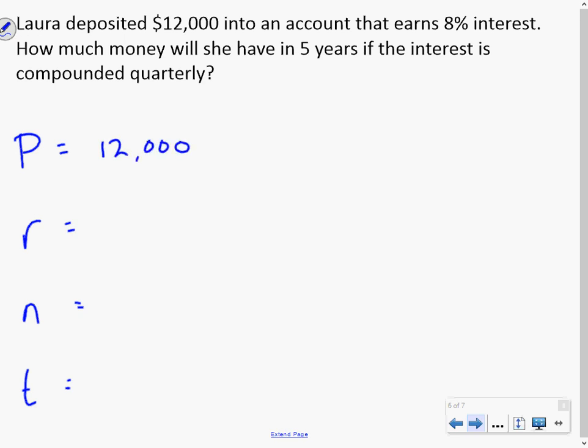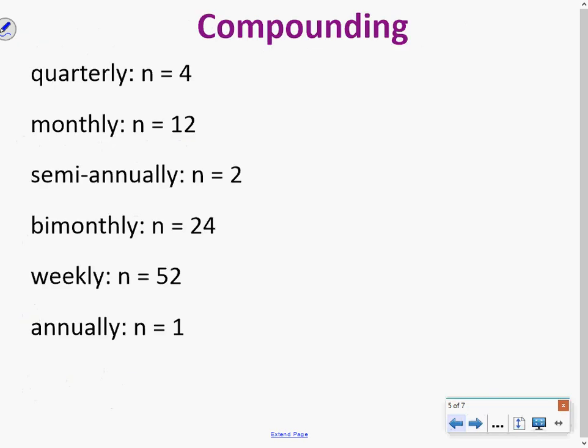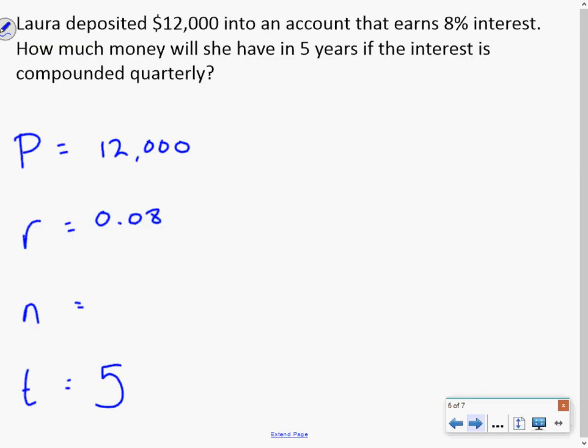And it earns 8% interest, so that's our rate, again represented as a decimal. We want to know how much money she will have in 5 years, so that's my T, if the interest is compounded quarterly. Well, if you go back to our list here, quarterly meant that we are compounding 4 times each year. So we're going to use 4 for our N value.